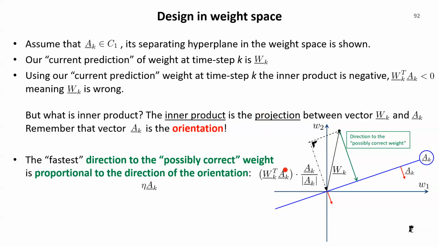So this equation I can put in this way: everything here divided by this is a scalar value, and the only vector part is this. So for the positive class, the direction towards the solution is the same as the orientation.